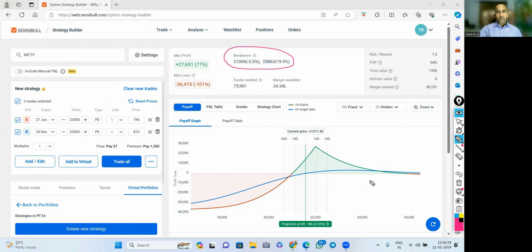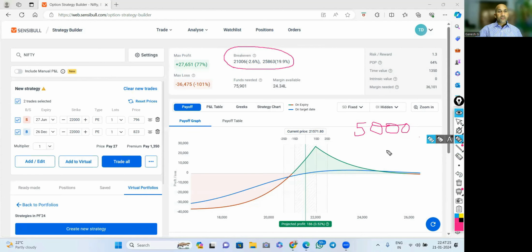On the upside, maybe around 26,000, we are getting no loss. What is the range we are getting here? Almost a range of 5,000 points. 5,000 points is a very good range, right?